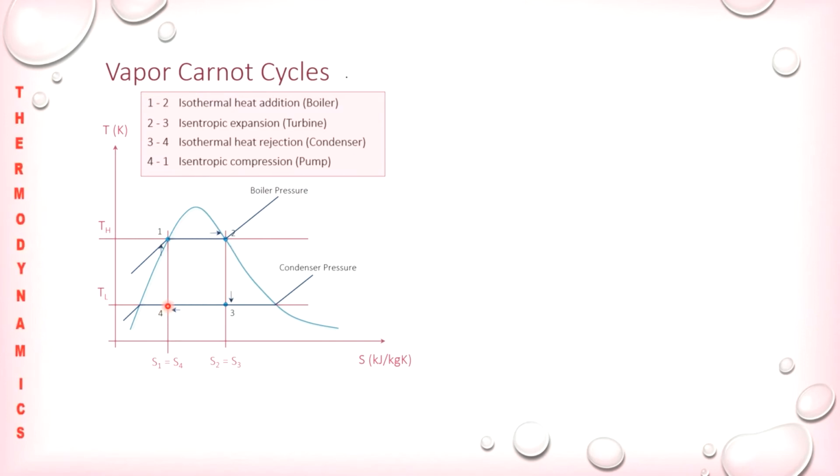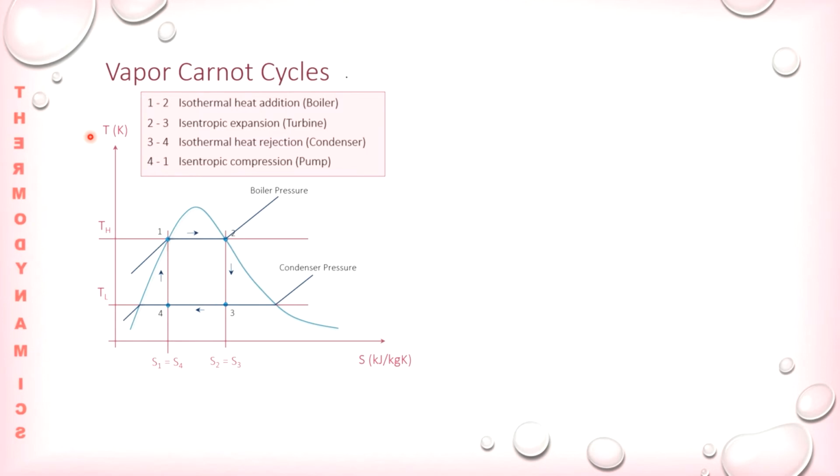The pump will compress the liquid or water from the low temperature, low pressure region to a higher temperature and higher pressure region. During these two isentropic processes, there is no heat flow. The only thing you have from 4 to 1 is work done on the system, which we call work input.